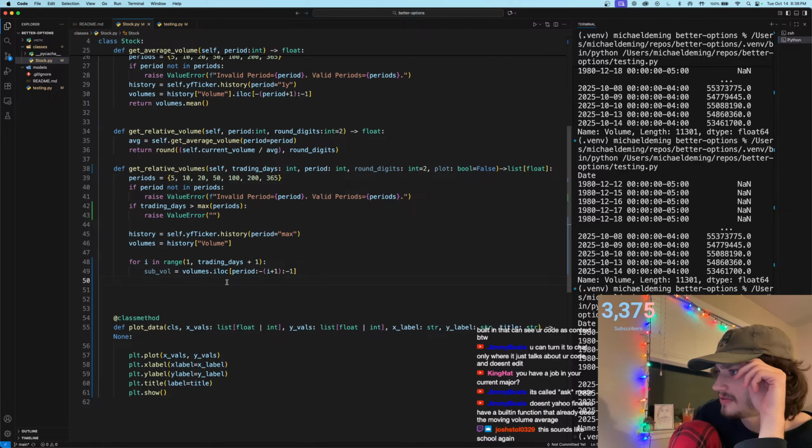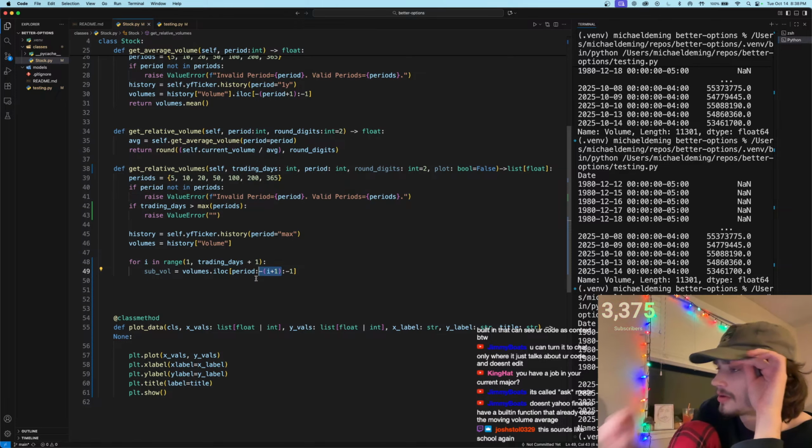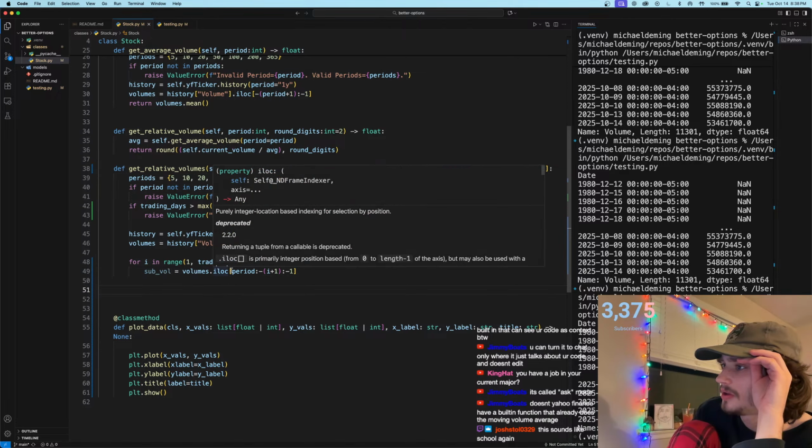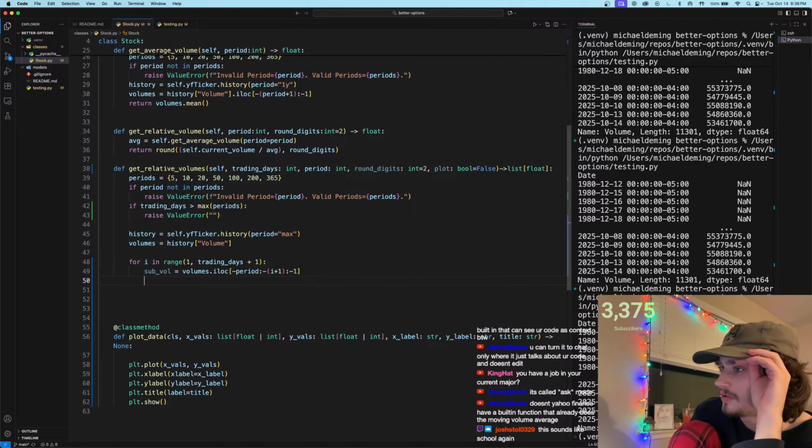You take a slice of the volume from the period, going backwards from the negative second, negative third, negative fourth, through the period. Now, would this probably be negative period, right? And then this would give you a data frame of subvolumes.